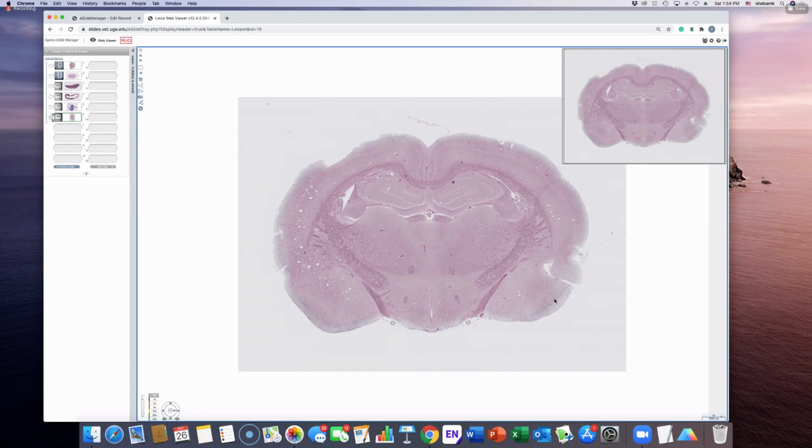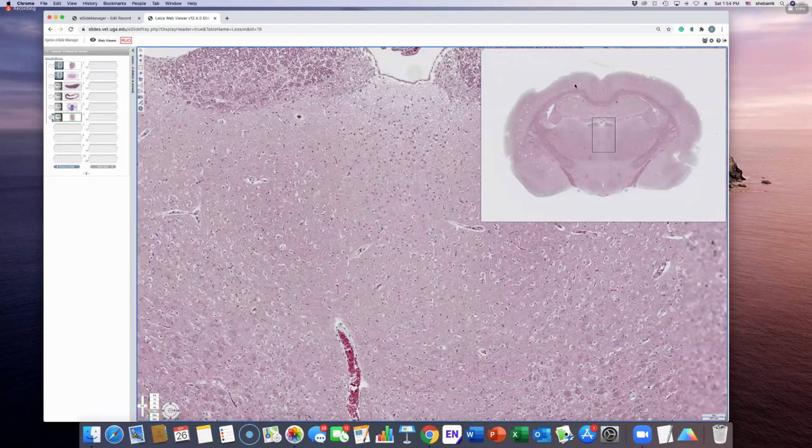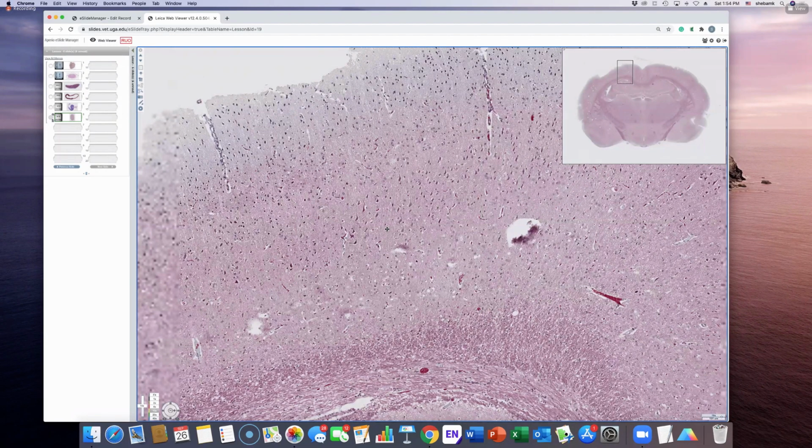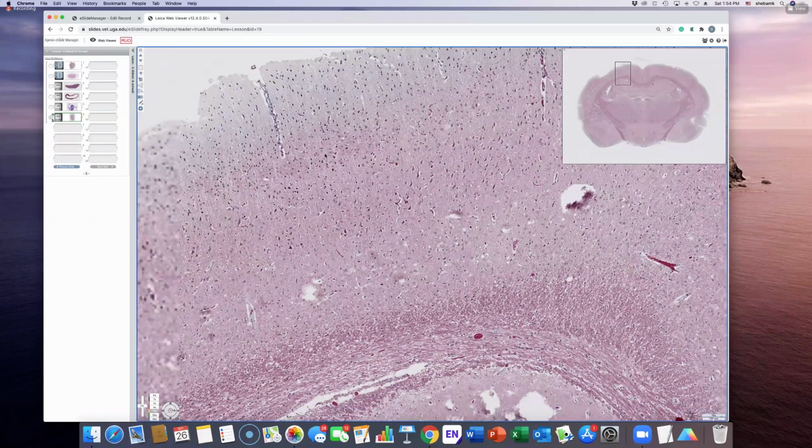And what else do we have? You can see light and dark areas, right? If you go to this region, let's zoom in a little bit. What is this outer zone called? Is it the whole thing, or just the molecular layer? The molecular layer is here.